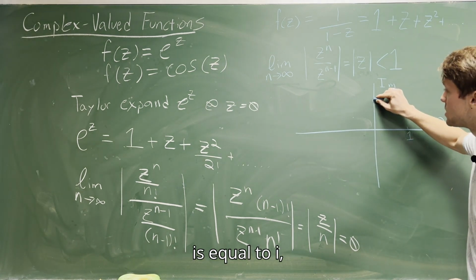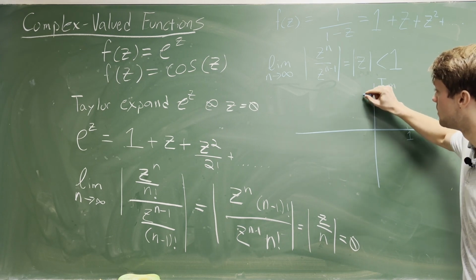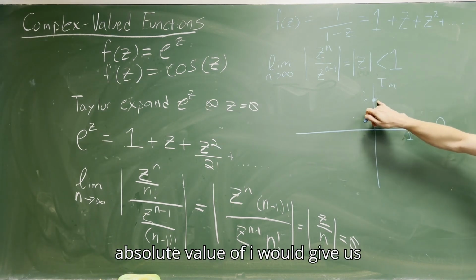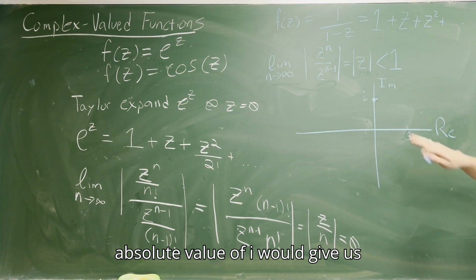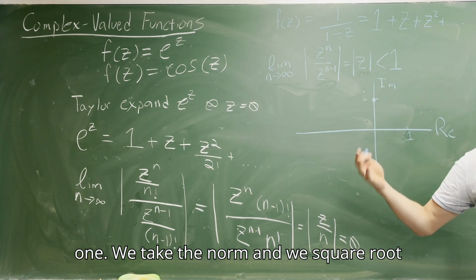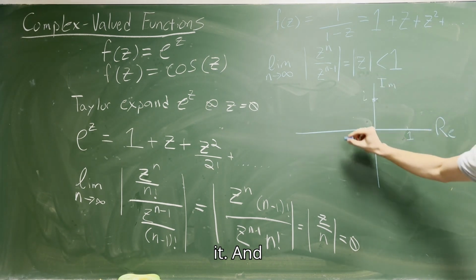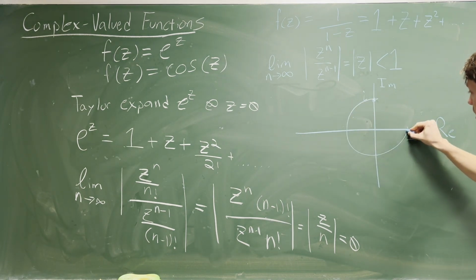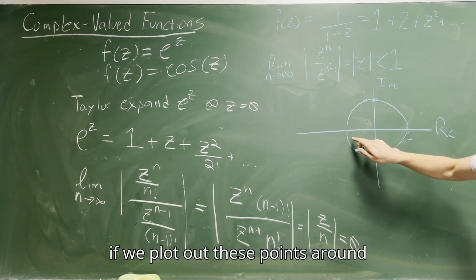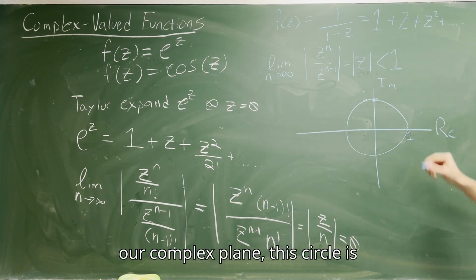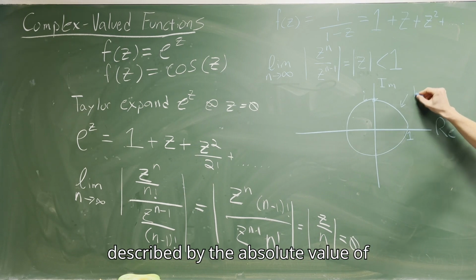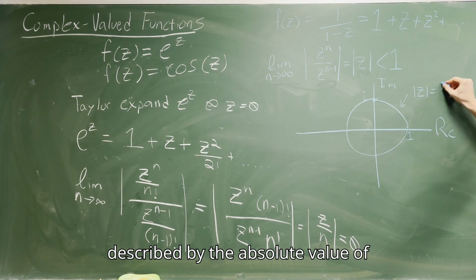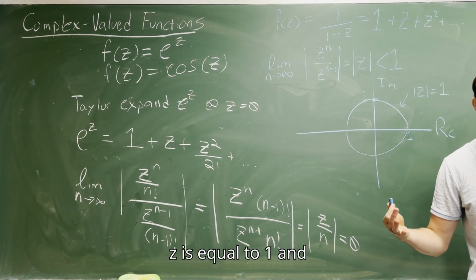But if z is equal to i, the absolute value of i would give us 1. We take the norm and we square root it. And so essentially, if we plot out these points around our complex plane, this circle is described by the absolute value of z is equal to 1.